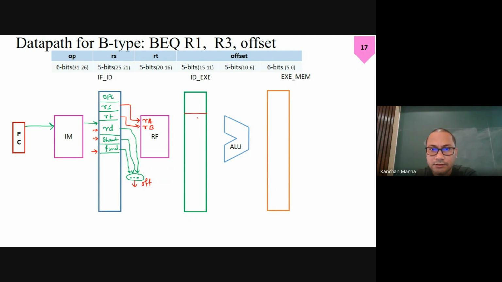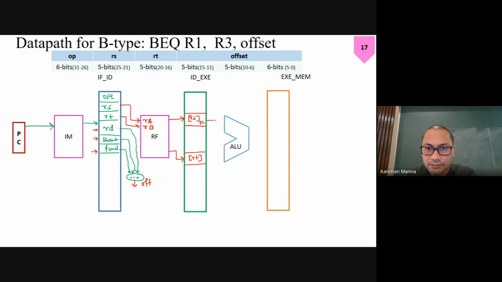Now let's say we have RS data here. What is the width of this field? 32, right? Here 32. Same way we have the other one.